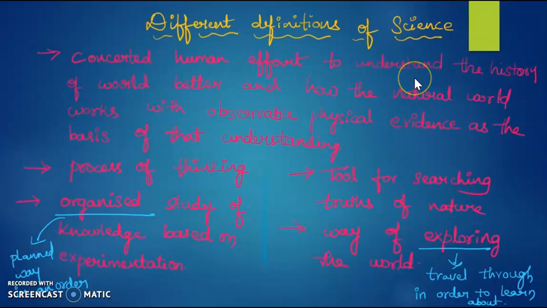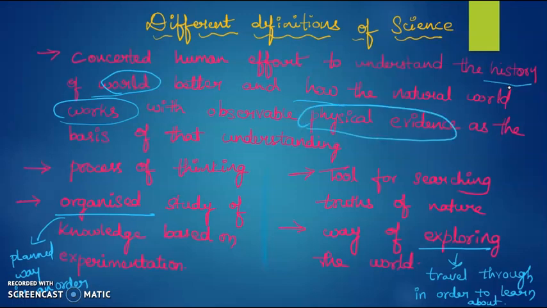That means it is the effort of humans to understand the history of the world and also how the natural world works, with observable physical evidence as the basis of that understanding. So this is the first definition.